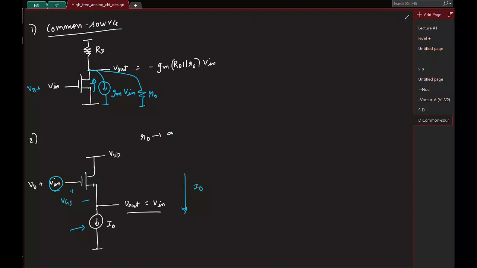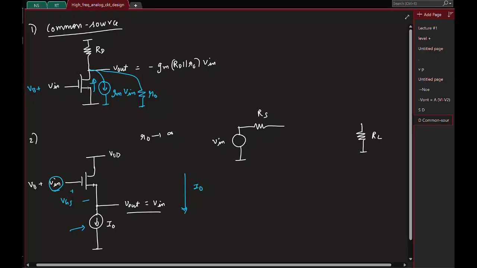So what's the point of this? Buffer. So what's a buffer? Output resistance. Yeah, so basically, let's say I have an input source like this. It might have its own series resistance. So let's say I want to transfer this input voltage to a load resistor RL.